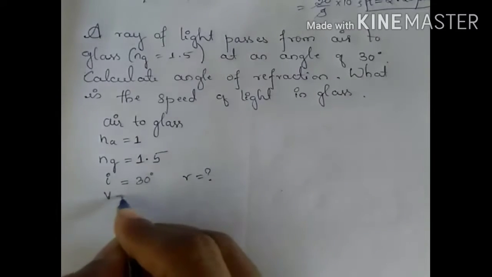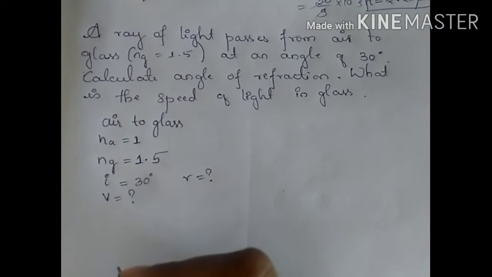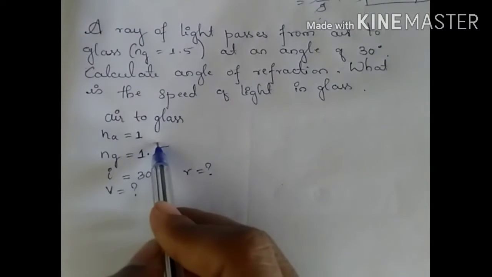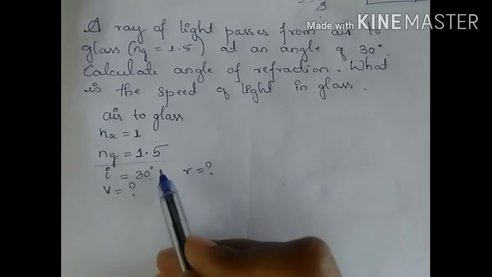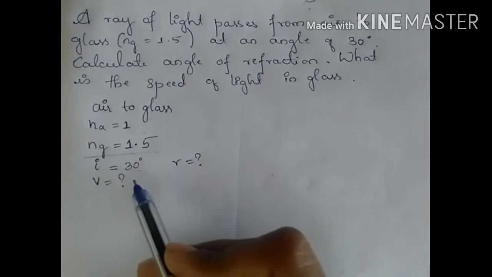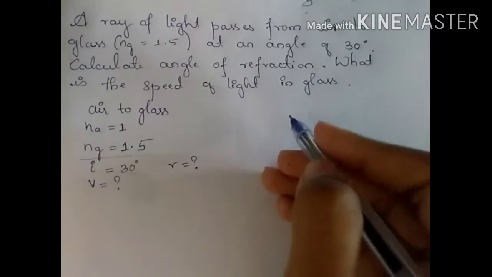So he is asking the velocity in glass. So we have the data here. The refractive index of air is known, the refractive index of glass is known, the angle of incidence is known. So from this data we can use Snell's law to find the angle of refraction.